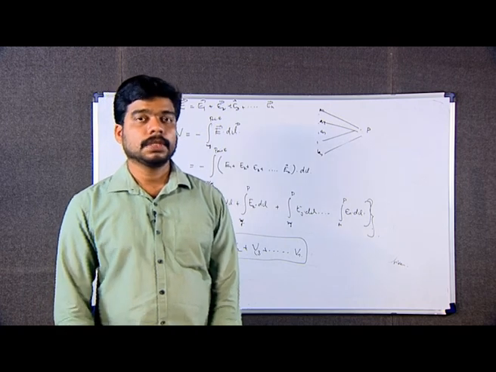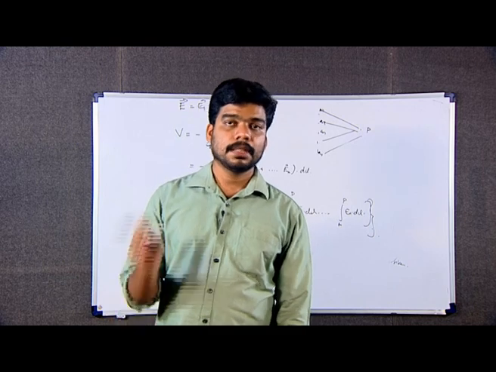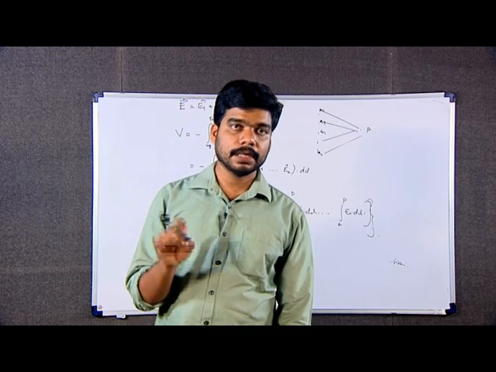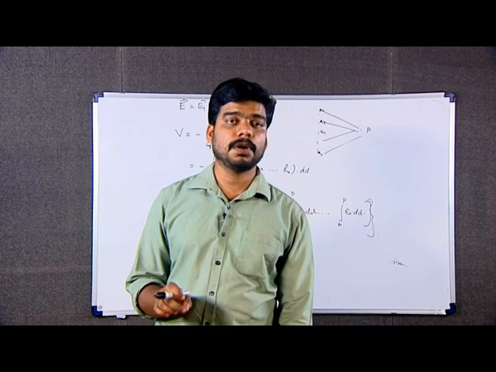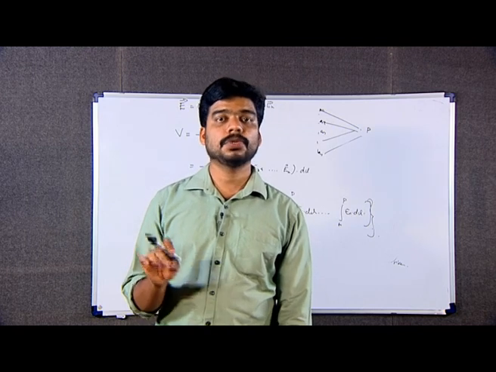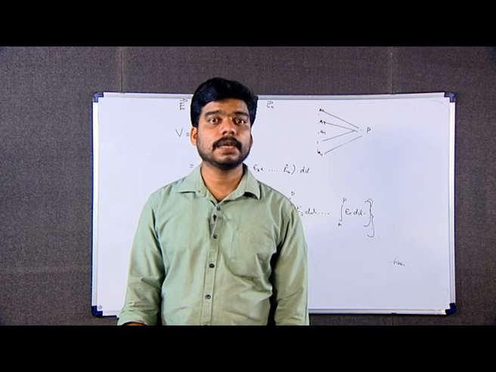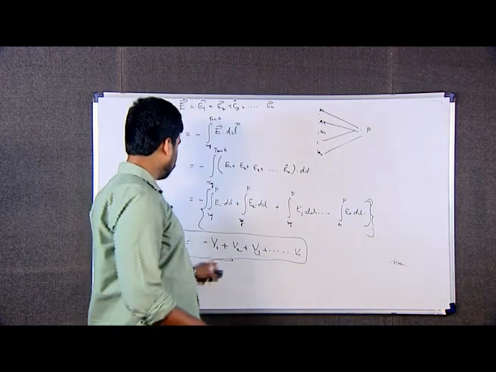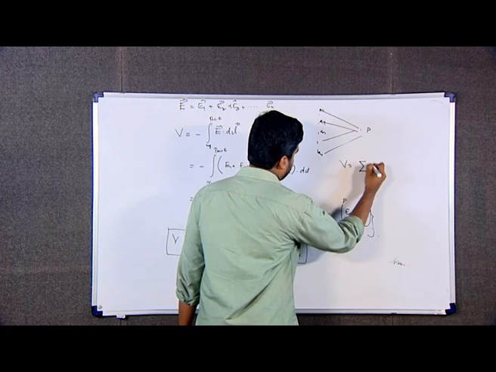Similarly, in the case of the superposition principle regarding the electric field, the field at a certain point is the algebraic sum of the field produced due to individual charges. Now, I can write V is equal to sigma Vi.